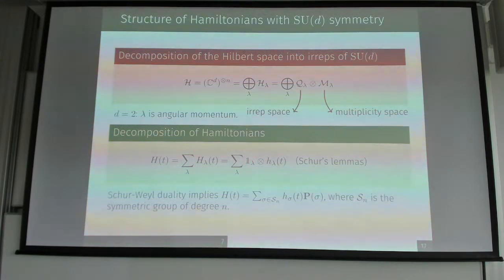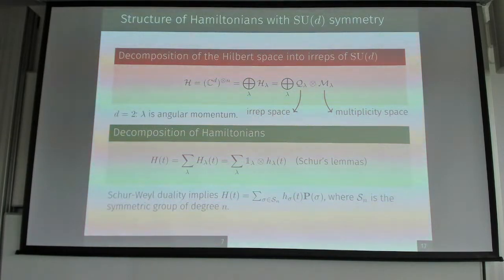However, it can be arbitrary on the multiplicity space. And by Schur-Weyl duality, we know this lambda, in general, we can draw Young diagrams for them. They label the irreps of both SU(d) and the symmetric group.